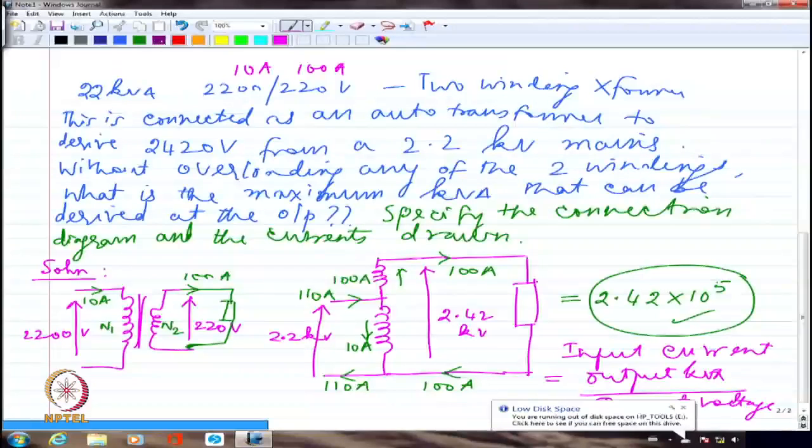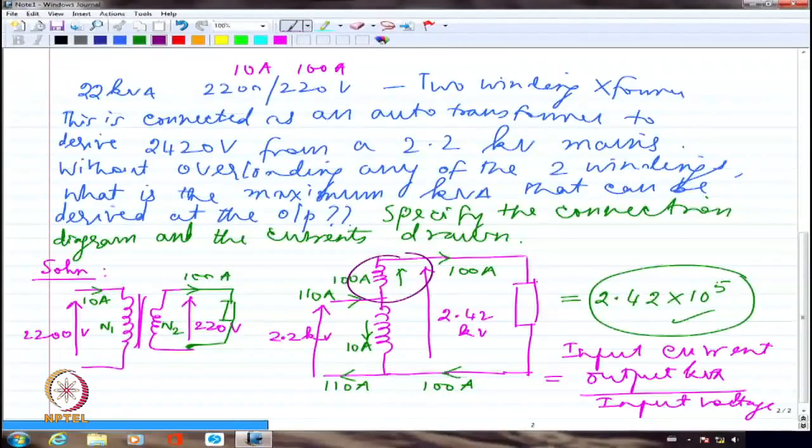Completely the insulation will rupture in no time because you are trying to subject that to 2.4 kV, more than 2.4 kV. So you are going to see that especially the top portion of the winding will rupture right away.